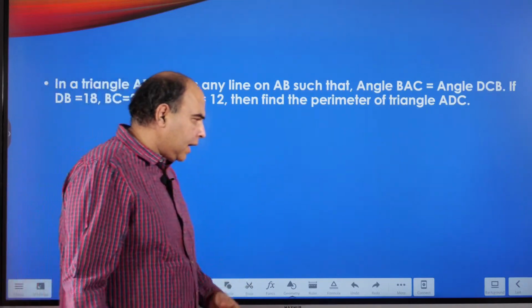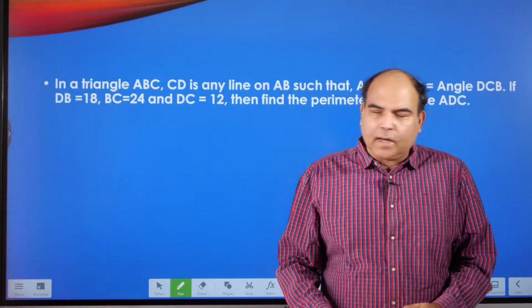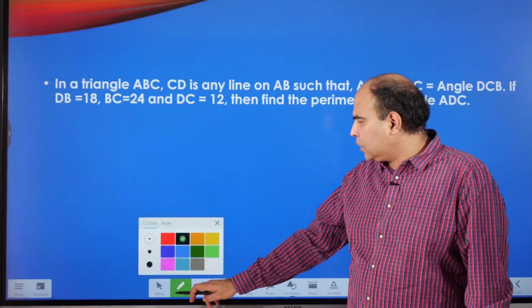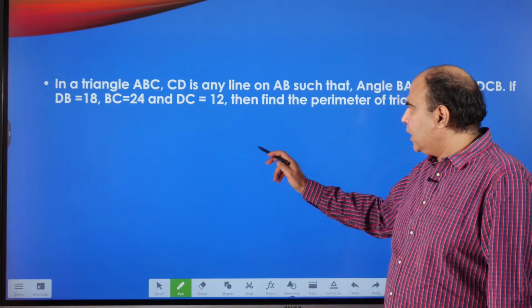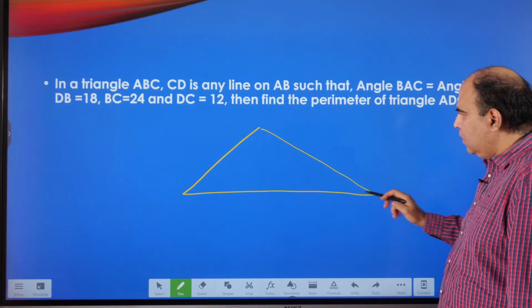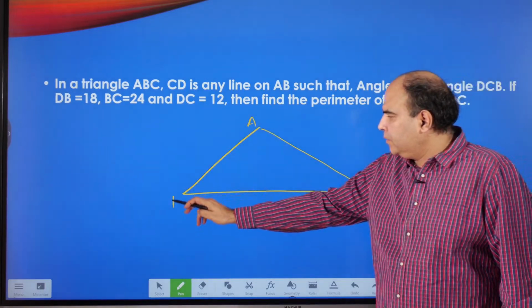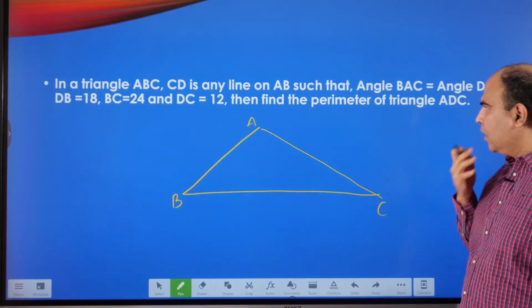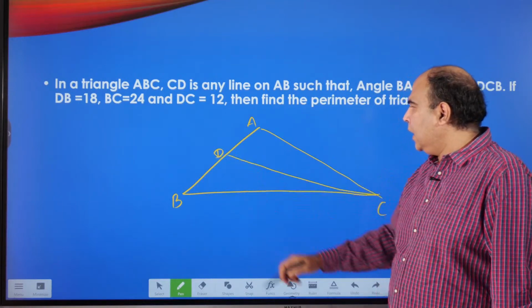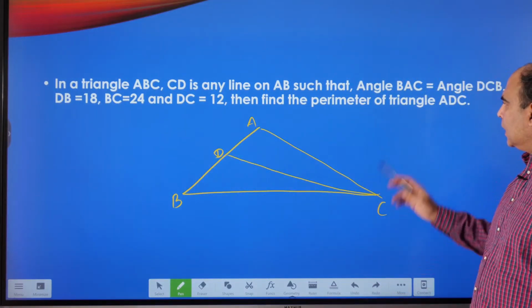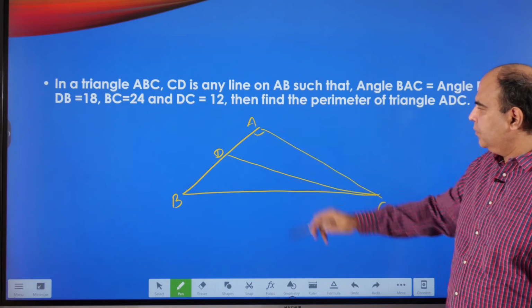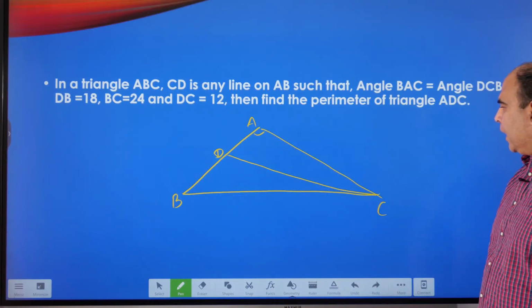The question says, in a triangle ABC, CD is any line on AB such that angle BAC is equal to angle DCB.